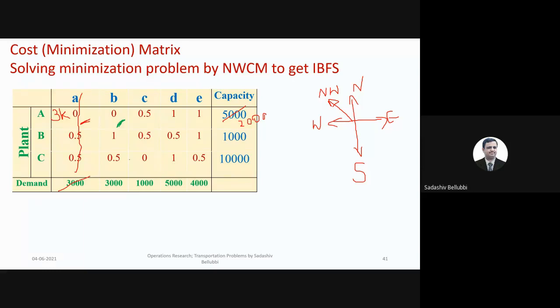Supply is 2000 and the demand is 3000. So we can allocate 2000, then the supply will be 0 and cancelled. This is remaining with 1000.